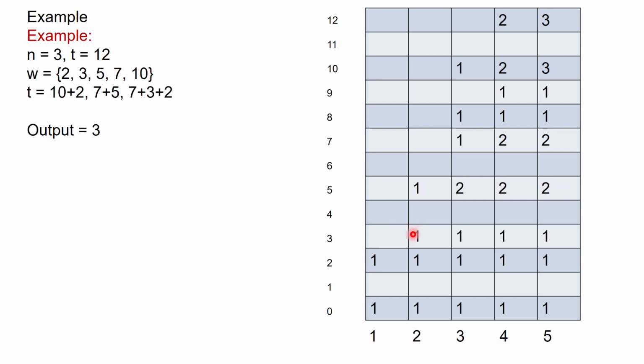So this one here is obtained as the sum of this value here and this value here. 0 plus 1 gives you 1. If I don't write an entry in the matrix, it's a 0. This 0 here is obtained as 0 plus 0. And this one here is obtained as 0 plus 1. You fill in this entire column, and then you go to the next weight.